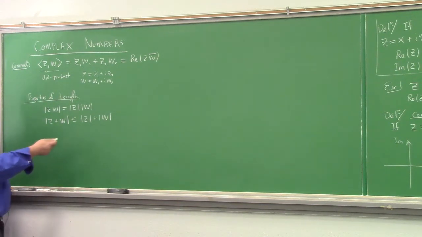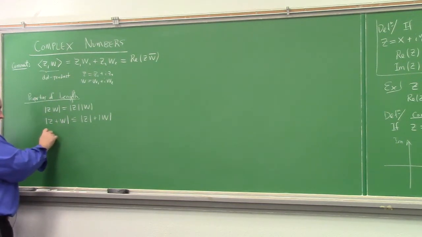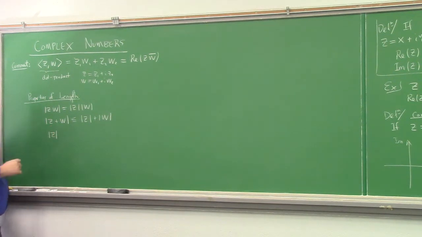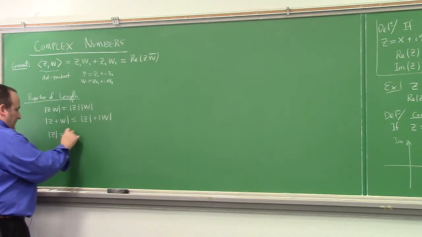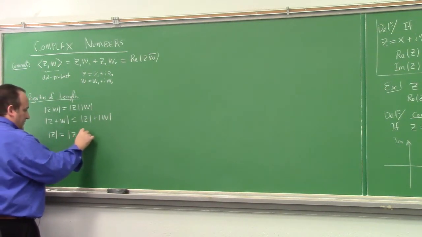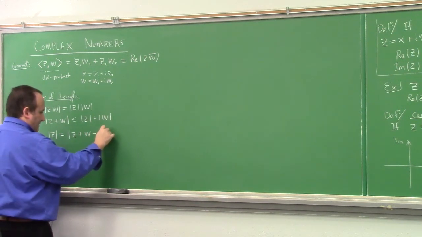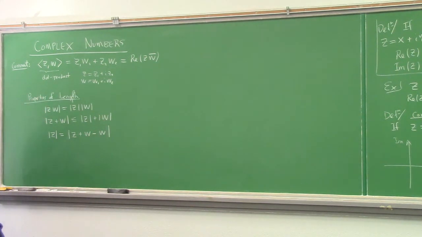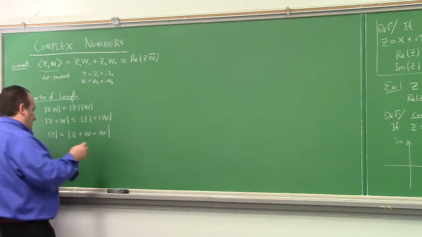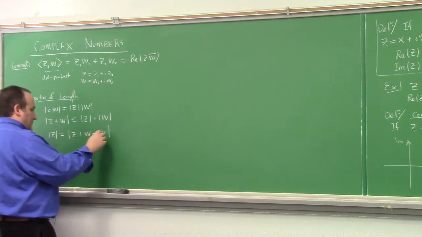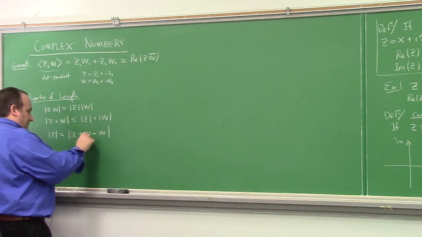Now, if we check this out, suppose we start with the length of Z, and then we say that's equal to the length of Z plus W minus W. You guys agree? I just added 0. Then if I apply the triangle inequality to that, I could look at it as taking this and that.